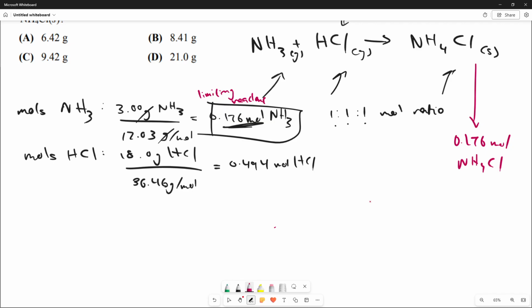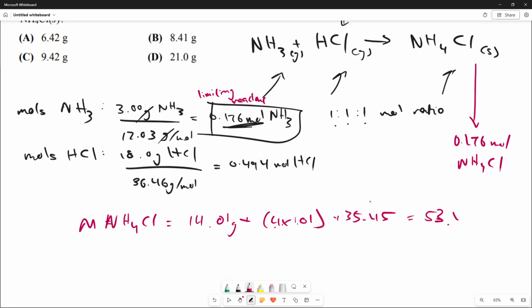To do that, we know that the molar mass of NH4Cl is going to be equal to nitrogen, which is 14.01 grams, plus 4 times 1.01, and then chlorine, plus 35.45. You can refer to these on the periodic table. So that's 53.49 grams per mole. That's going to be our molar mass of NH4Cl.